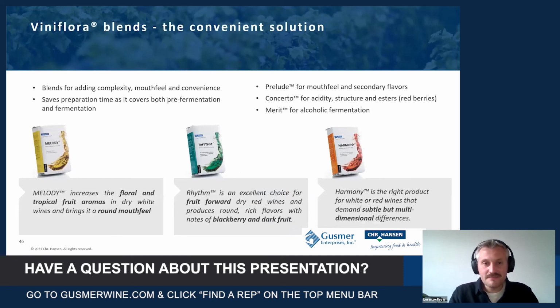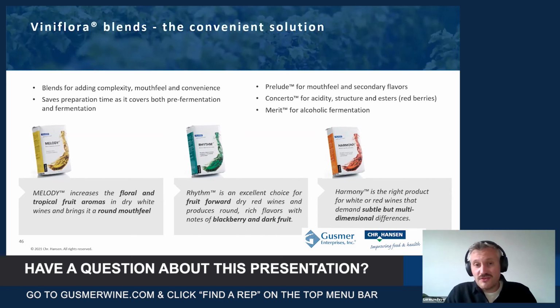And Christian Hansen and Gusmer, we offer different blends for it. Actually, exactly, Melody was the first non-Saccharomyces product that we came to commerce. And think about added complexity because we have Prelude there. So again, we have mouthfeel and secondary flavors.